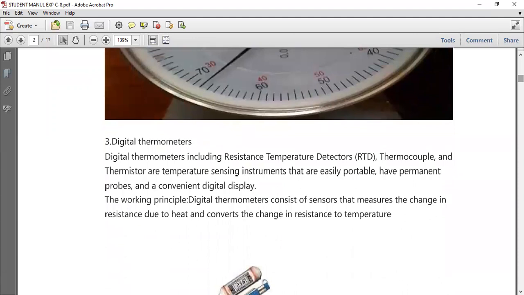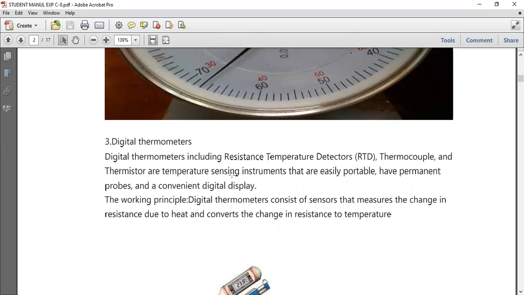So we also have other apparatus, such as the digital thermometers and the analog thermometers. The working principle of these thermometers are as follows. Digital thermometers, including resistance temperature detectors, thermocouples, and thermistors, are temperature sensing instruments that are easily portable.